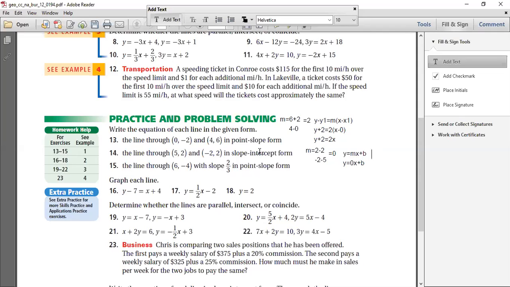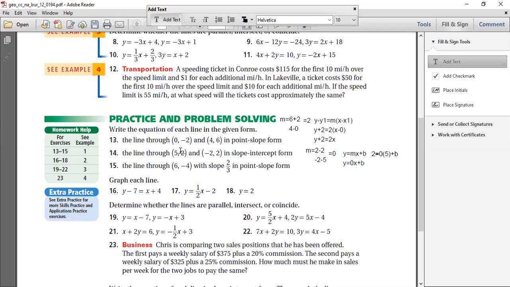To find the y-intercept, you can choose any one point in this or this and put that in the same formula. So I'm choosing this because it doesn't have negatives. So that's going to be 2 equals, y equals, the slope for us was 0, right? 0 multiplied by x, which is 5, plus b.